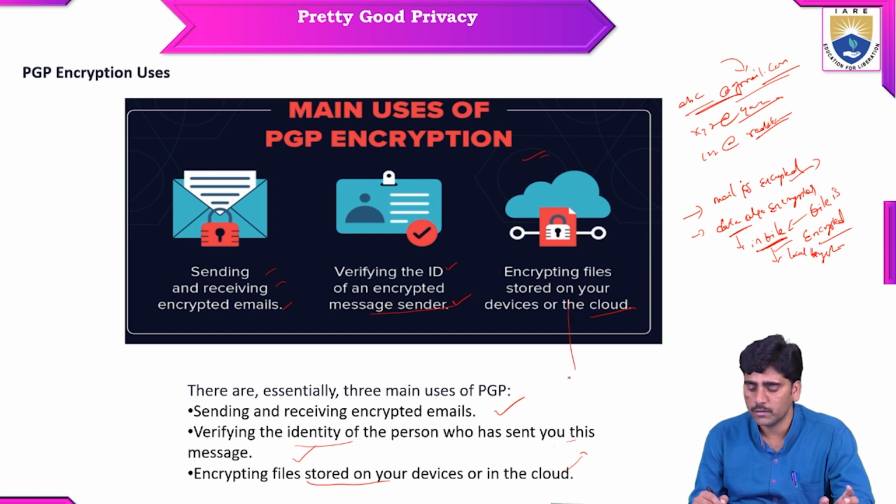This is done by providing session keys. So what does this session key contain? All the different combinations of alphabets, numbers, characters, special characters, everything. All these numbers, alphabets and characters are included in the session key.